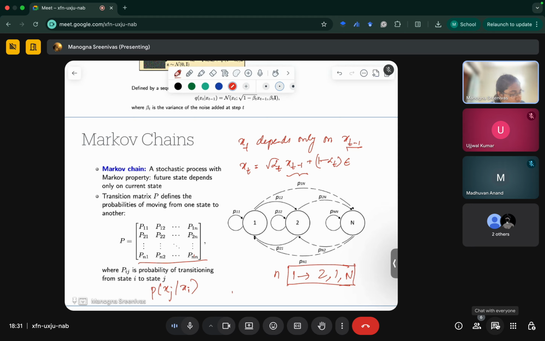So can you relate these numbers in any form? P11, P12 plus P1n. What should this be? From 1 I can go to 3 different states and all 3 are probabilities. So how would they be related?